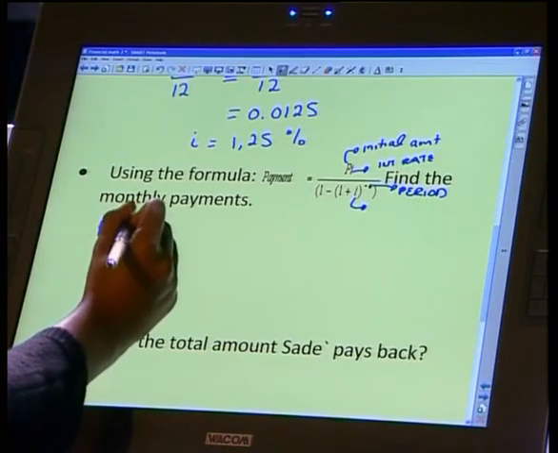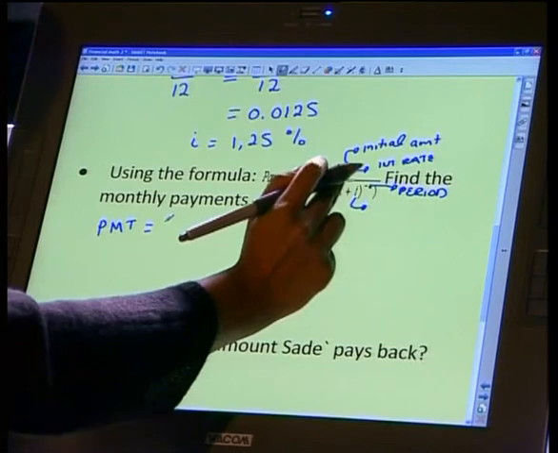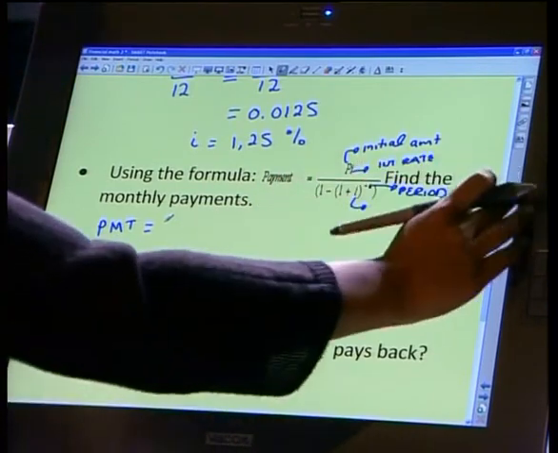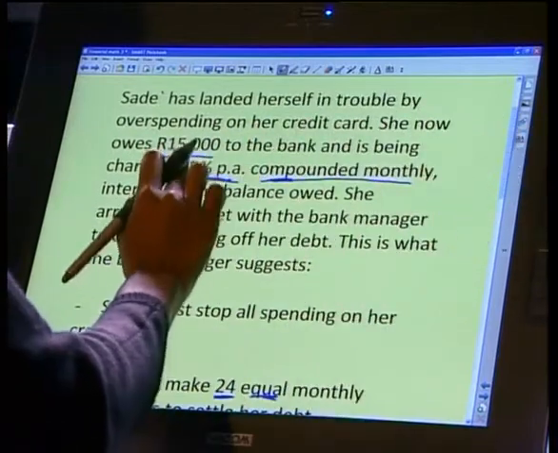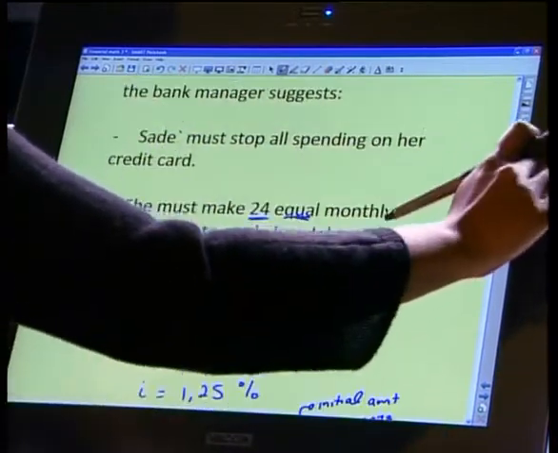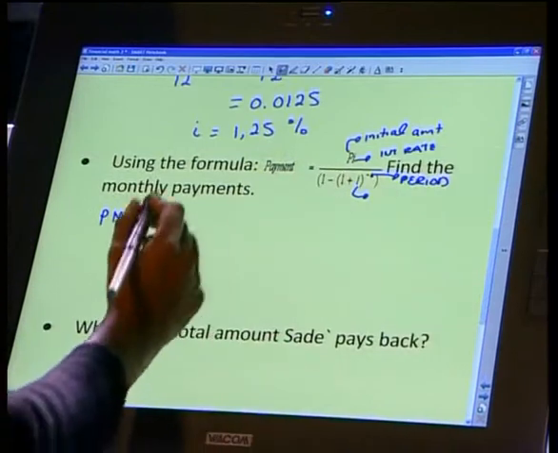So her payment, we know, is going to be the initial amount. Remember, the initial amount of her debt was 15,000 Rand. That's how much she owes. That's what she's gotten in trouble for.